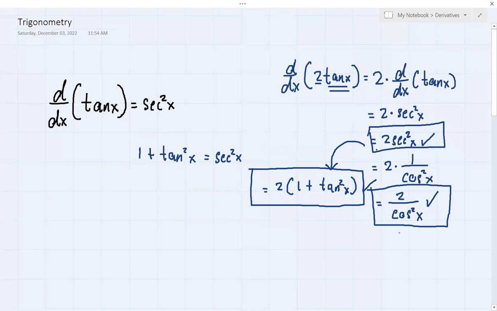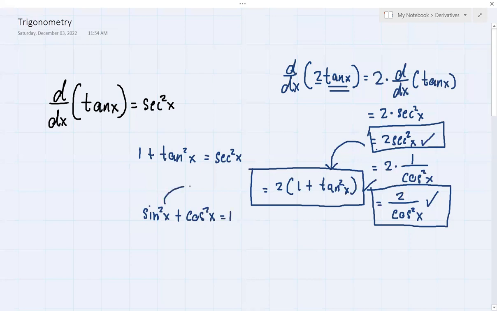Okay? Ito rin, pwede mo rin itong i-simplify, itong cosine squared x. Wala naman itong problema. Okay? Kasi ito, wait lang ha. Meron kasi tayong Pythagorean identity na sine squared x plus cosine squared x is equal to 1.